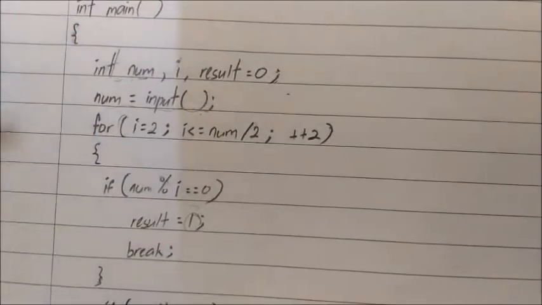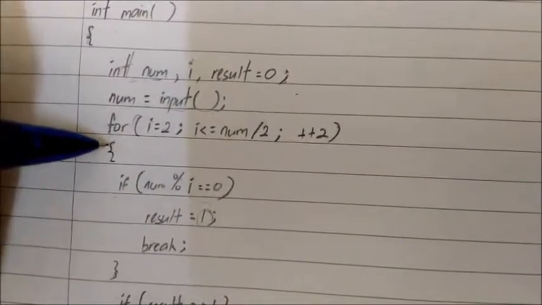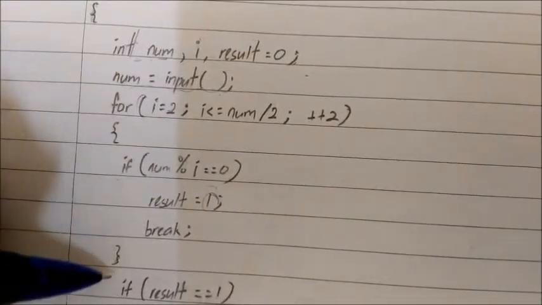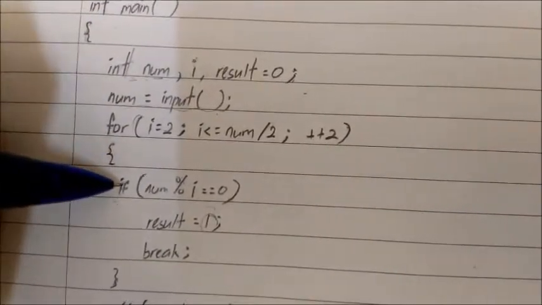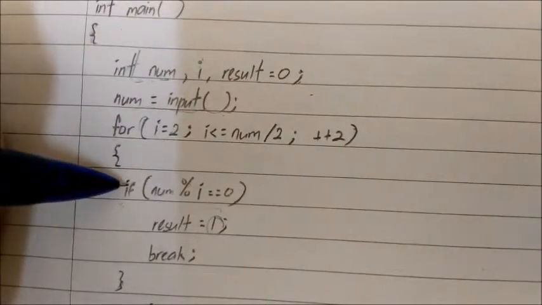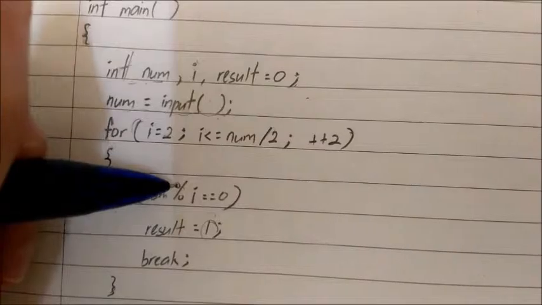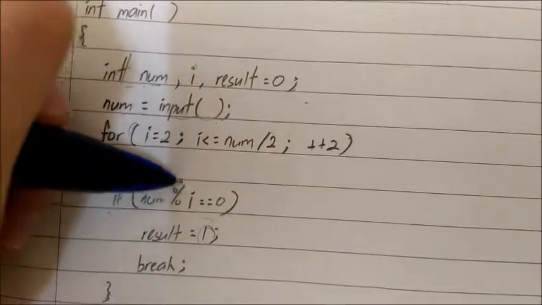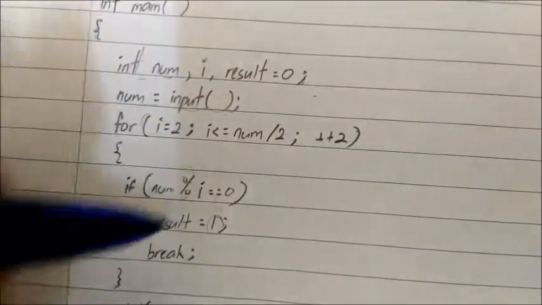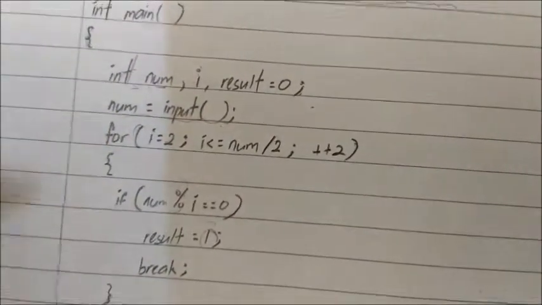And in the for loop, we also need to have curly brackets. Now we do an if statement. If num modulus i equal to 0, result equal to 1.